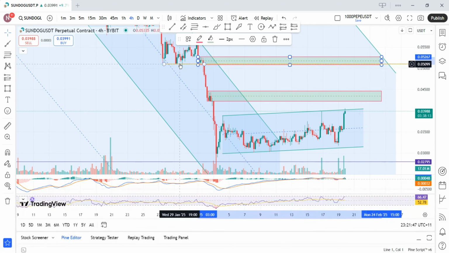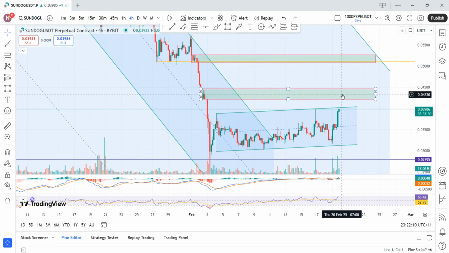From here it was support, but then the price dropped down, and because the price is below this yellow line, this is a resistance line that it has to test before deciding whether to rebound and go up, or try to push up, fail, and drop down again. I could go for this one, which could be a safer way, but I'll just go with this one.